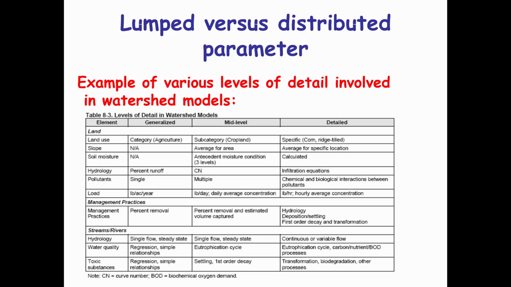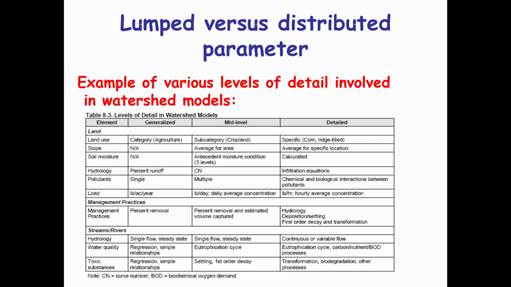Whereas mid-level would break down agriculture, not just as a general representation of agriculture, but would have cropland, forage land, and so forth, so you'd be able to subdivide that way.